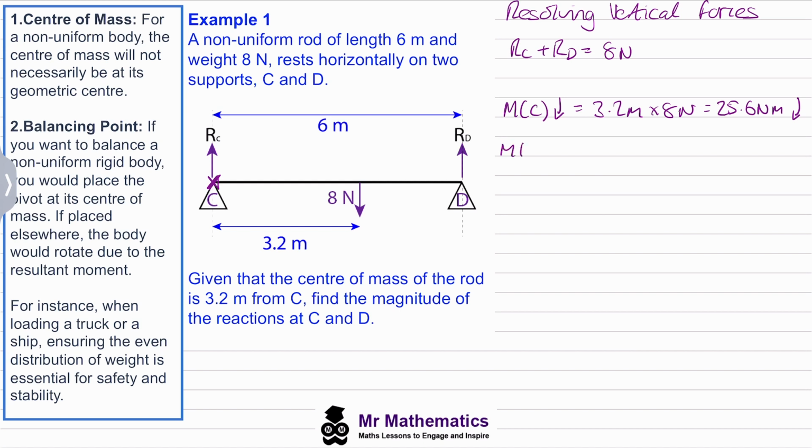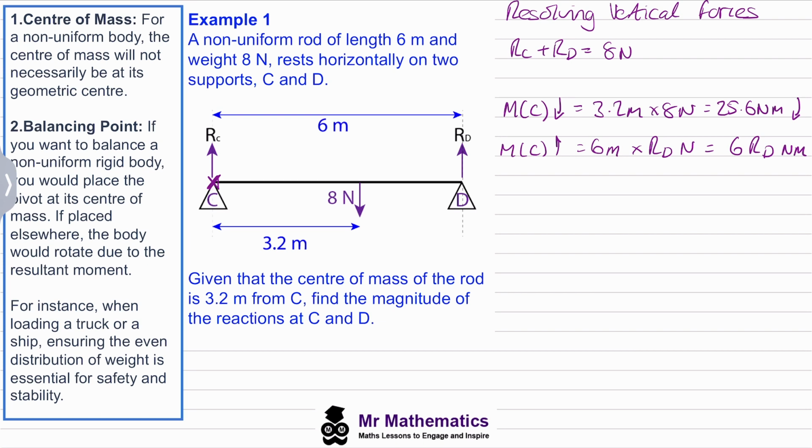The anti-clockwise moment about C is from RD. We don't have to consider RC because it's got 0 distance. So this will be the distance of 6 meters multiplied by RD, so 6RD Newton meters.